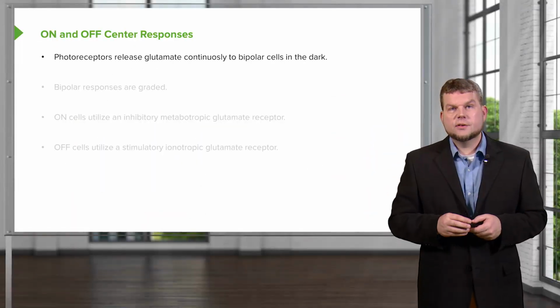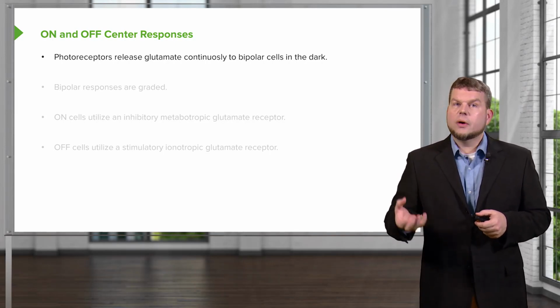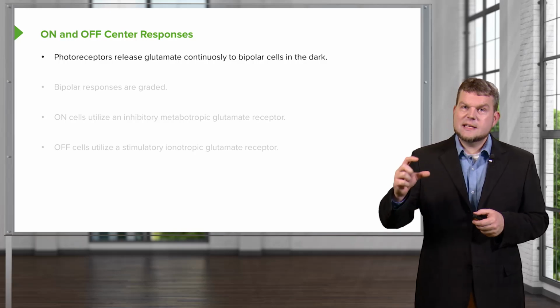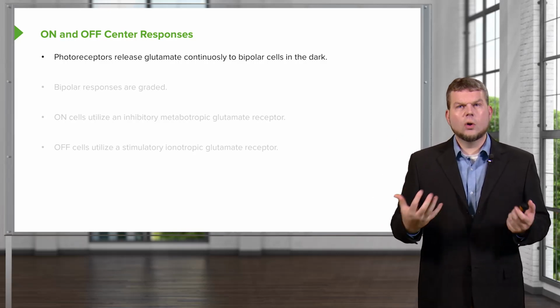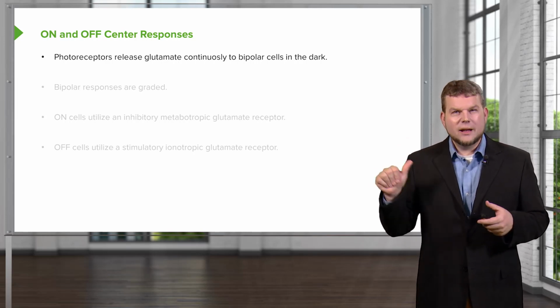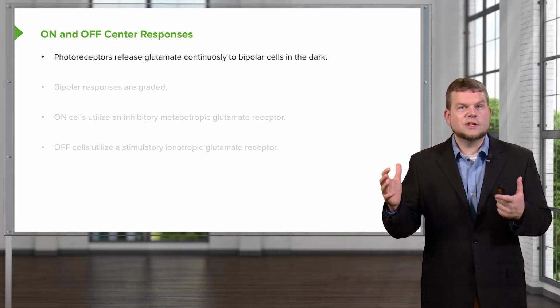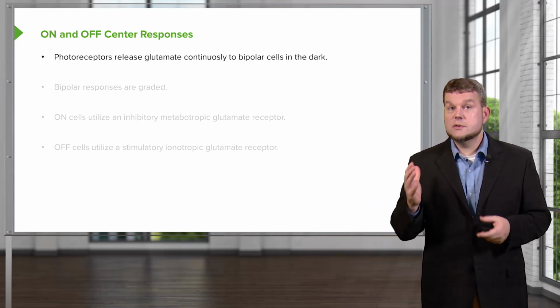On and off-centered responses. So you may wonder why or how you have this 3-step process work, and with only 3 cones and 1 rod, how do you get all the immense amount of colors and shapes and all the different things that you see through the eye?